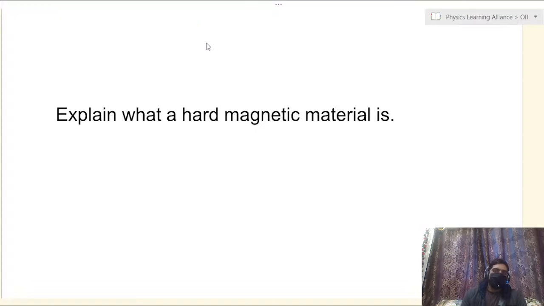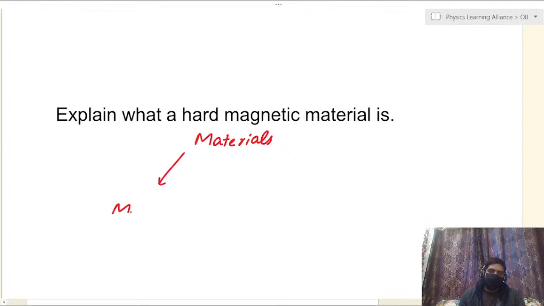Now there are two types of materials: magnetic materials and non-magnetic materials. Then we have the magnetic materials subdivided into soft magnetic materials and hard magnetic materials. So it looks something like this: writing here materials, then we'll have magnetic, then non-magnetic.